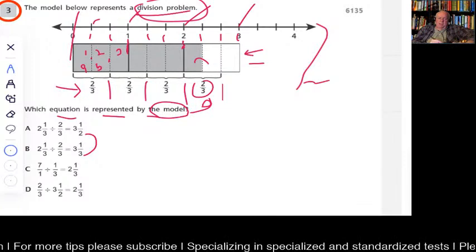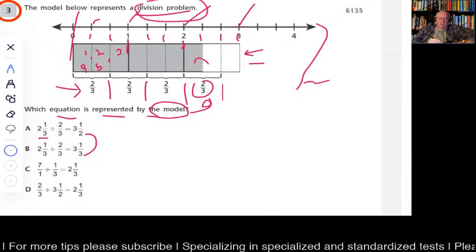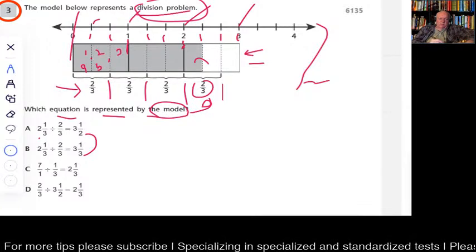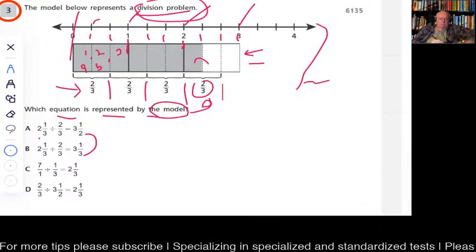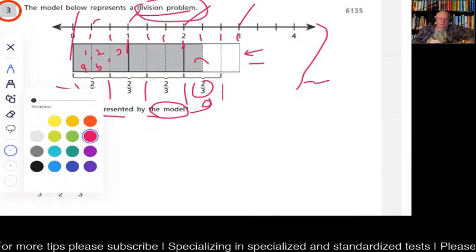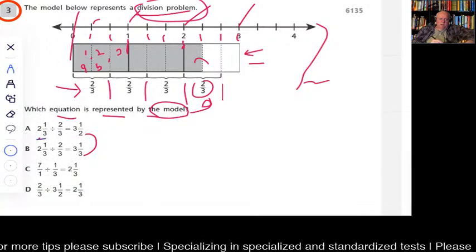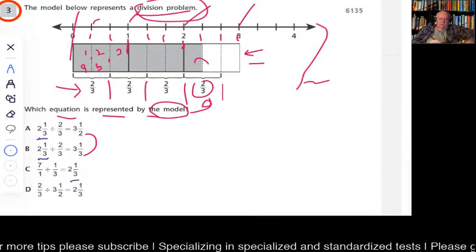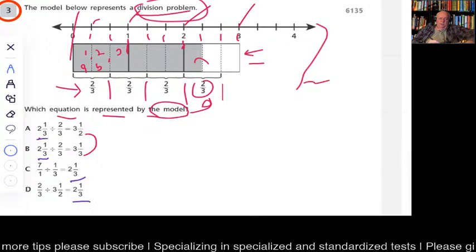So A and B are both using this, and let me change the pencil for a second, because we still have the answers split up into weird pieces, okay? So this is 2 1/3. That's 2 1/3. Okay, that's 2 1/3, and that's 2 1/3. All right.